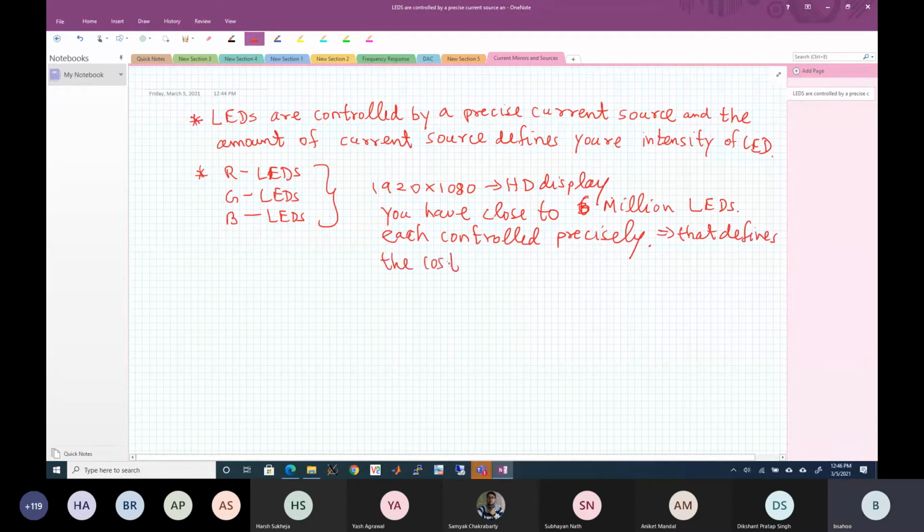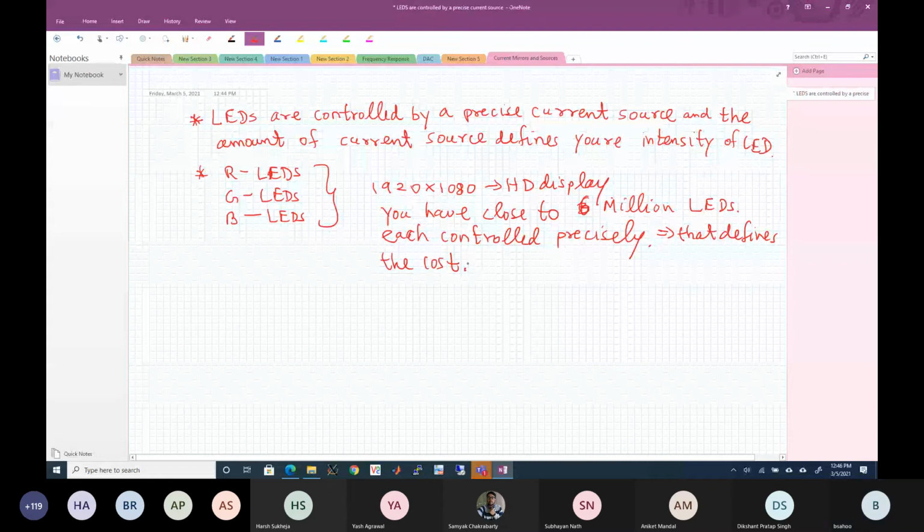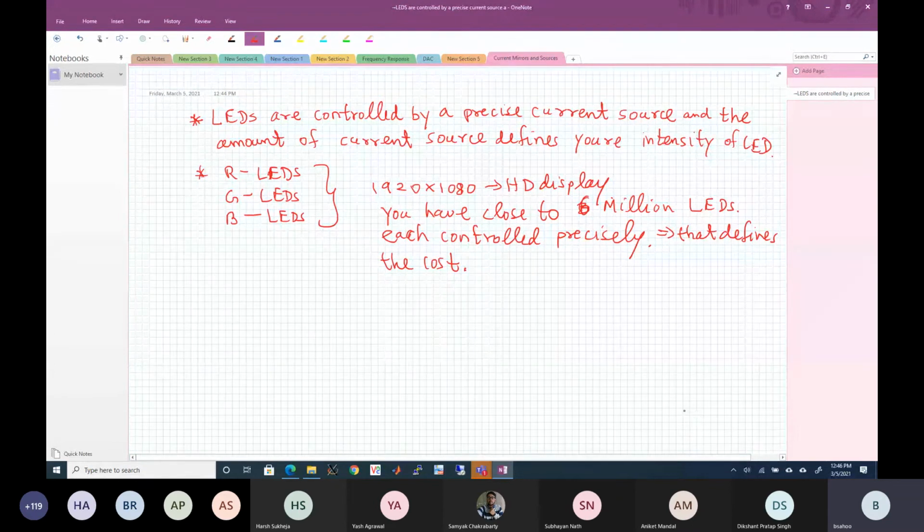For your information, people who buy a Sony TV, an LG TV, a Reliance TV or a Mi TV think that Sony made that LED panel, Reliance made that LED panel, Mi made that LED panel, but that is not the truth. Okay. There is an LED manufacturer, a display manufacturer.